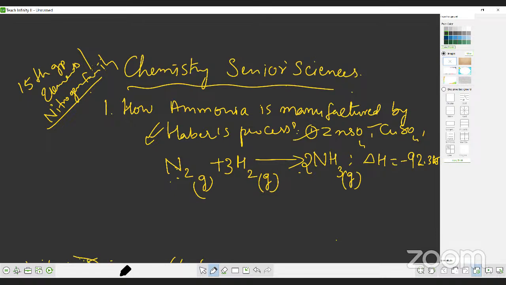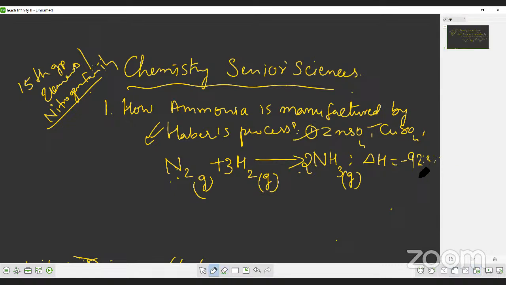This much energy is released for 2 moles of ammonia, in kilojoules. Okay. Now, here, what are the conditions for preparation of ammonia?